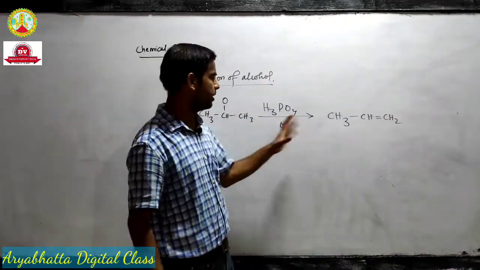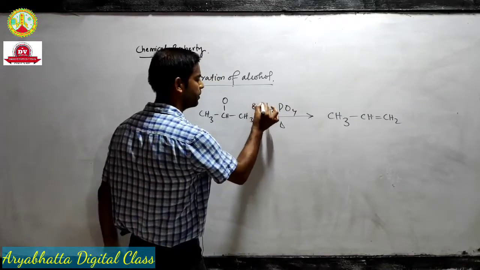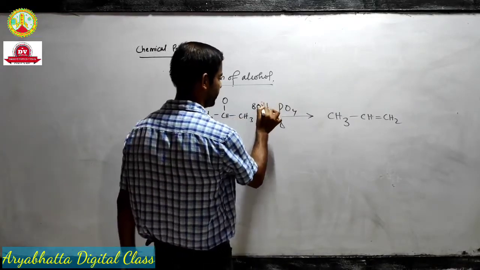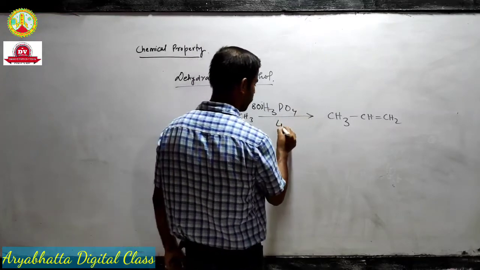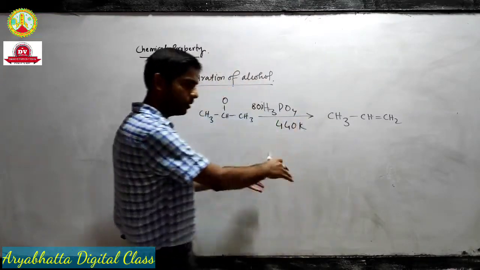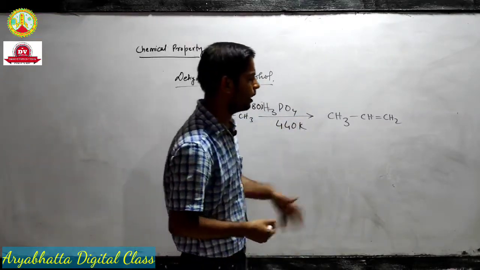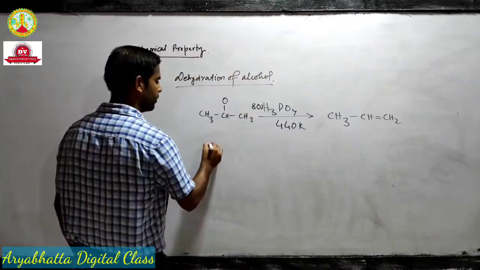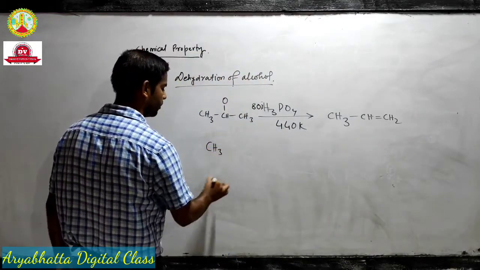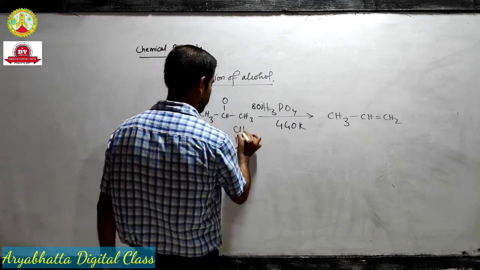So the reaction is 80%, actually, 440 Kelvin heating, that means a lower temperature is required actually, and it will produce an alkene. Let's take a 3 degree alcohol.